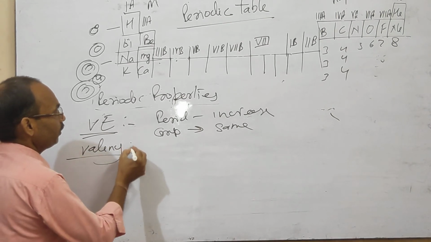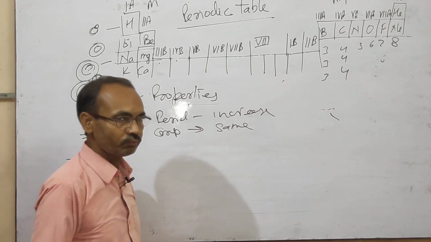The next point is valency. It depends on valence electrons.